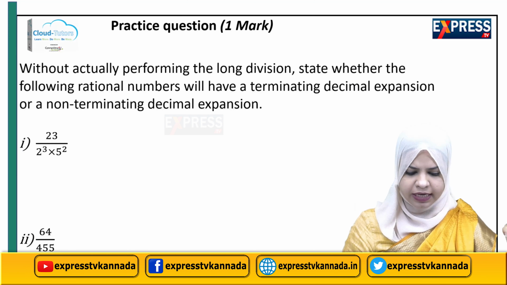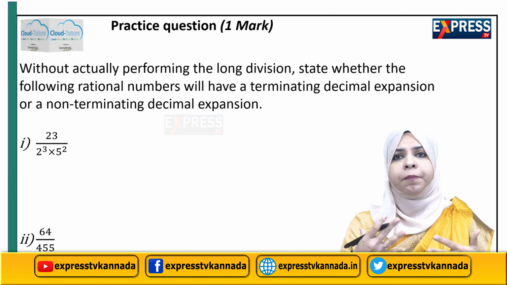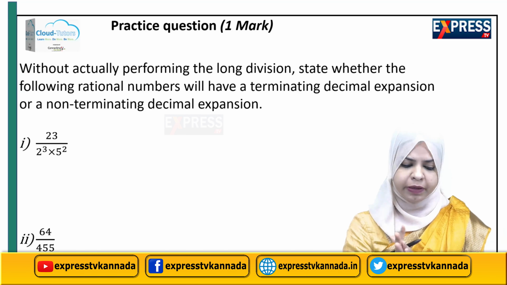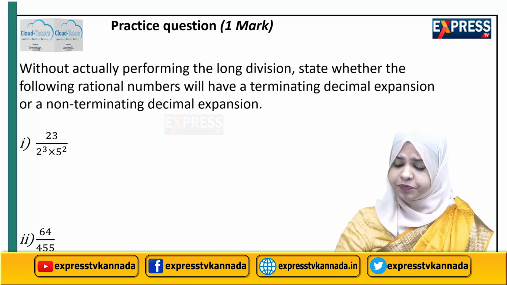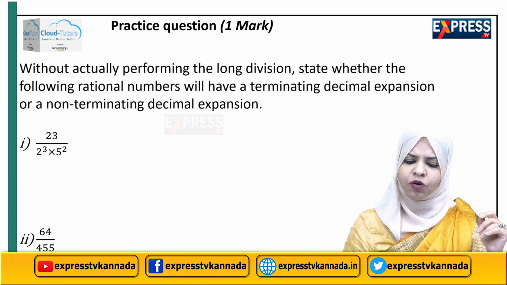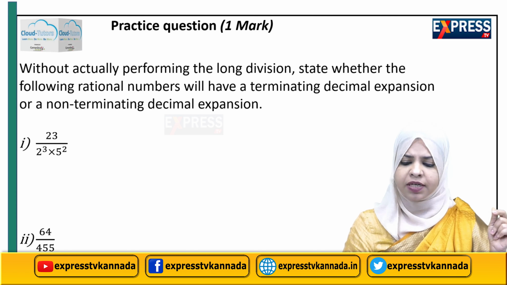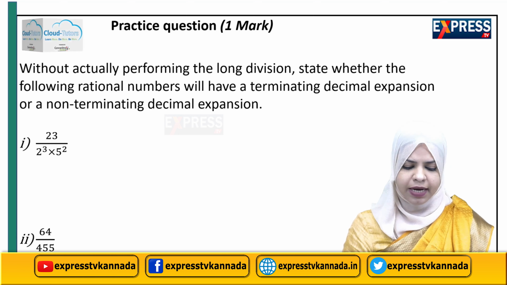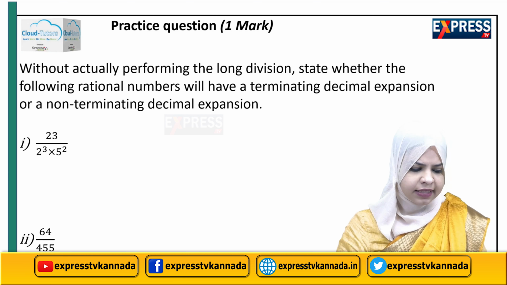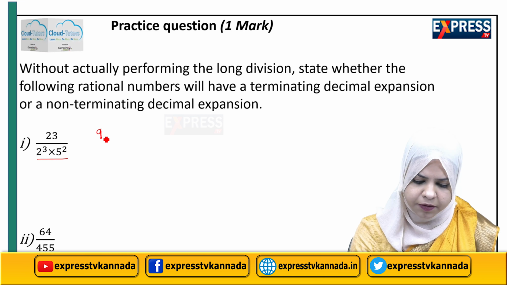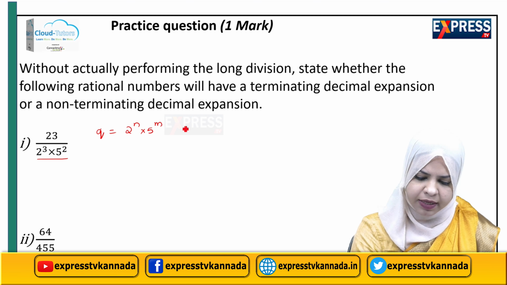So great. Now let's look into the practice questions which are based on the previous year question papers. The first question here is, without actually performing the long division, state whether the following rational numbers will have a terminating decimal expansion or a non-terminating decimal expansion. So let's see this. Again, Q is already in the form of 2 power n into 5 power m, correct?